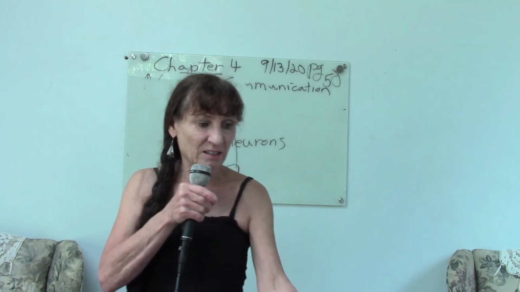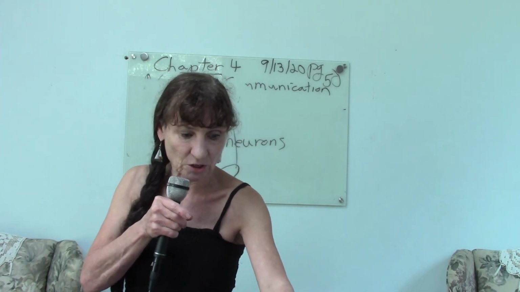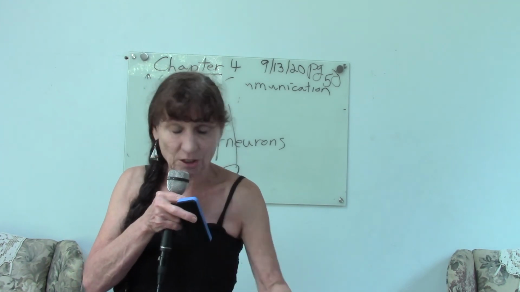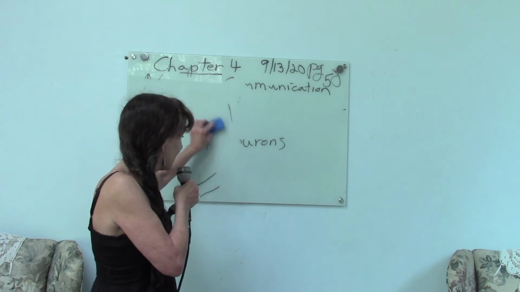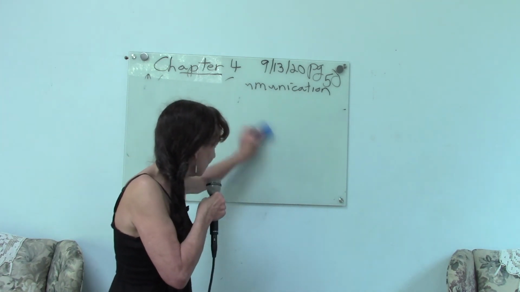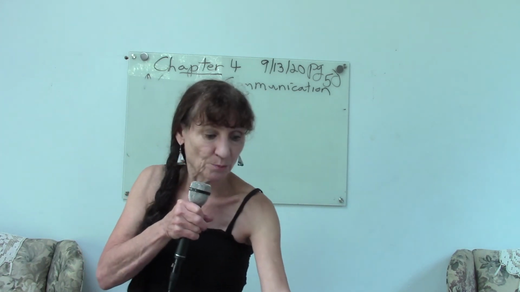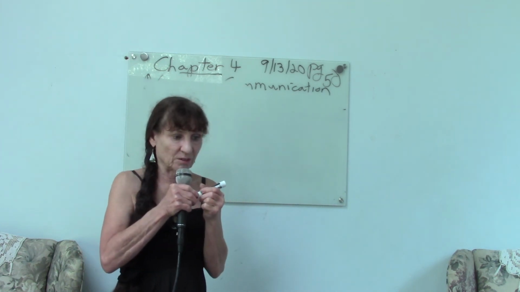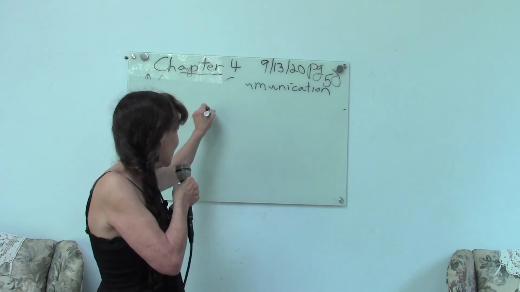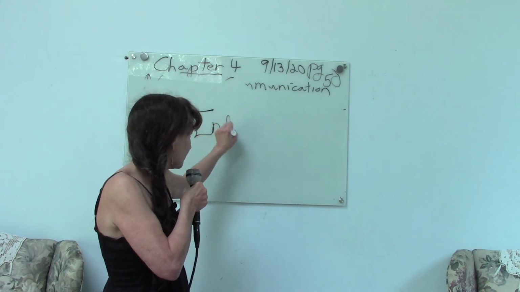The last section of this, and I'm not going to go into great depth on this either. I guess Launchpad probably will. The second communication system in your body, so you've got your neural system, is your hormonal system, which we call the endocrine system.